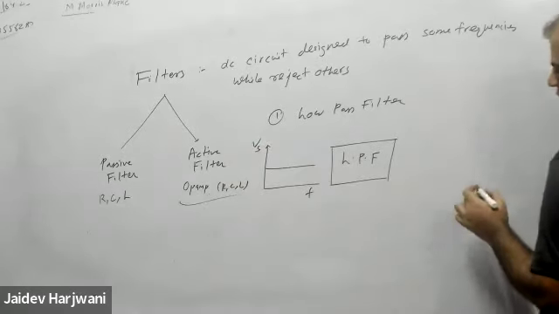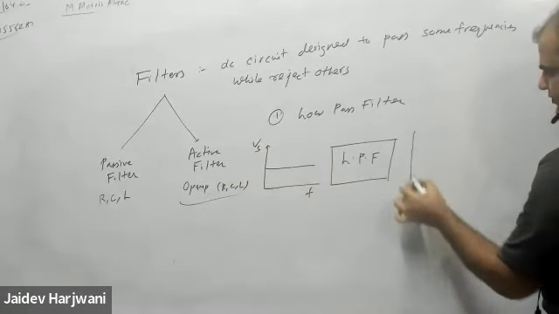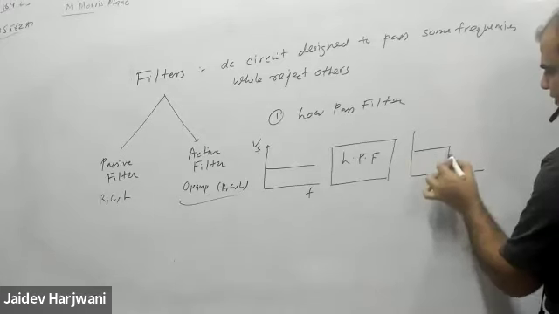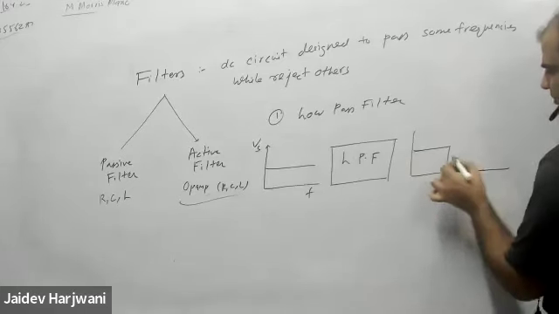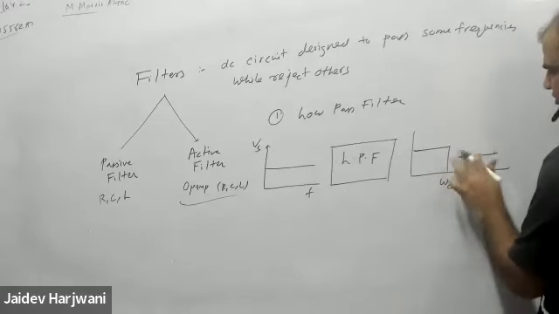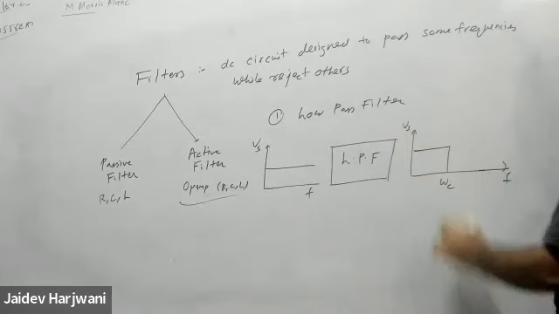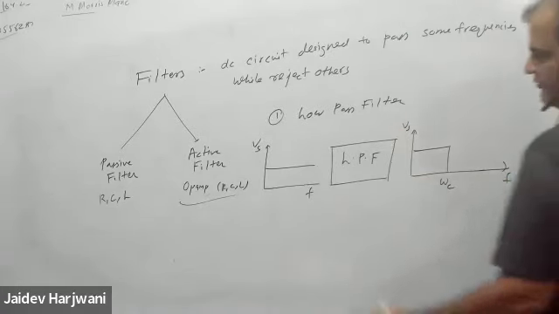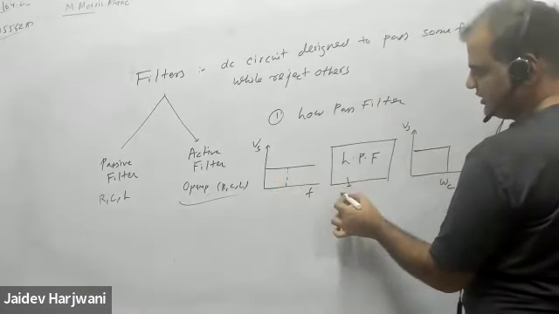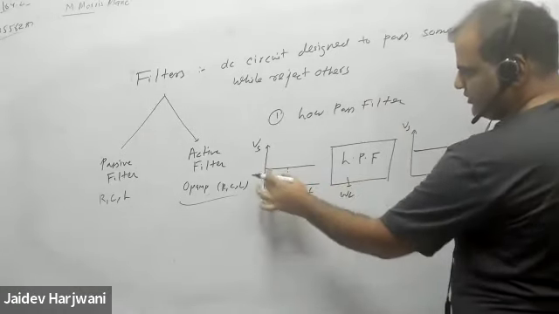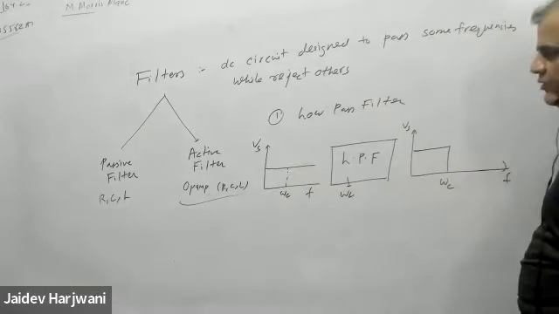You want to only pass, say, low frequencies. That means you want to pass only up to this cutoff frequency. Above this cutoff frequency, everything should be zero. So this is a low pass filter. It will pass this one and stop this one, depending on the cutoff frequency. So this is an example of low pass filter.